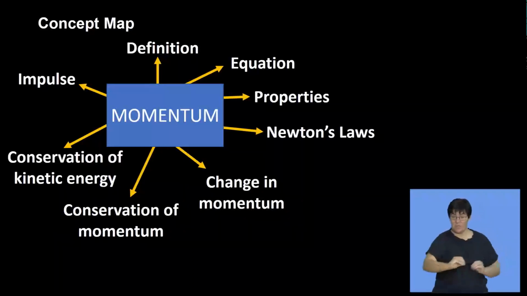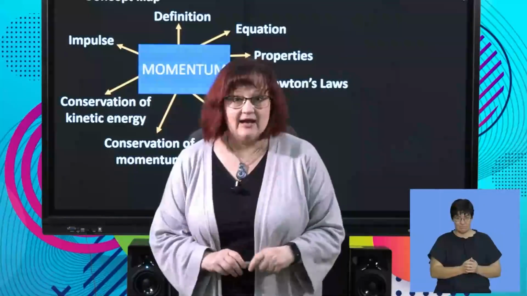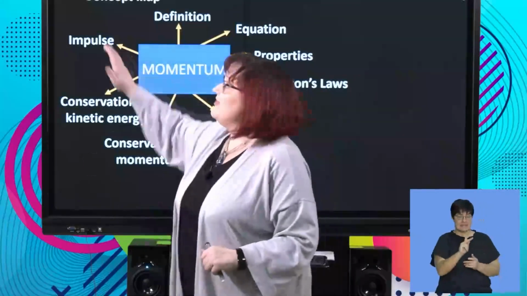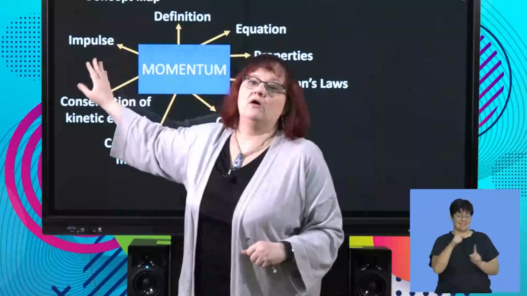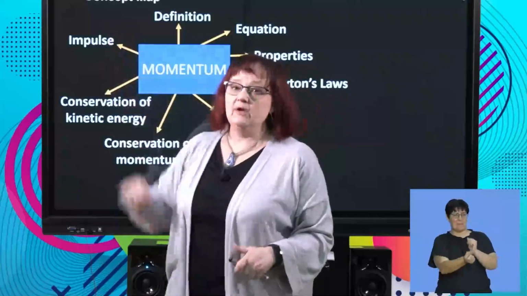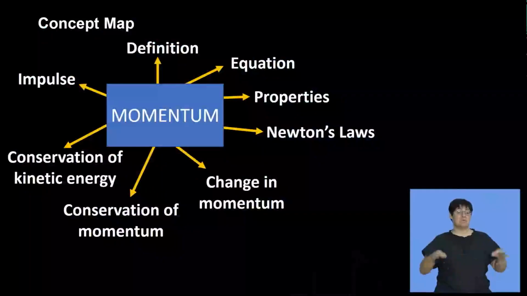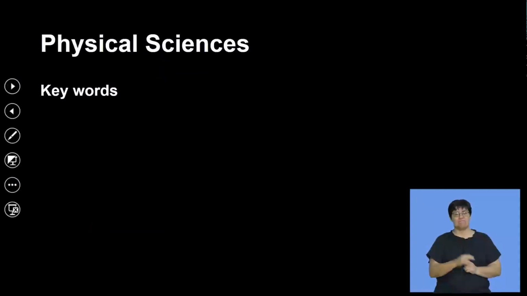There's lots of conservation laws that we're going to look at. Conservation of kinetic energy. And then we're going to look at impulse. Impulse has a lot of everyday applications to it. It's actually a really important section.